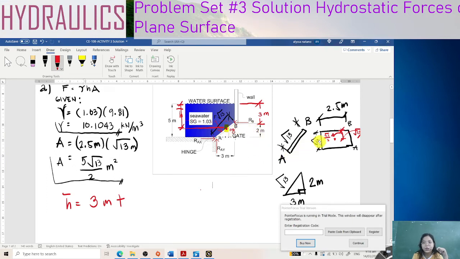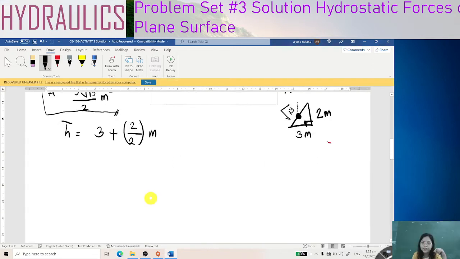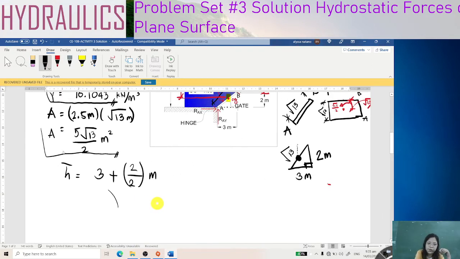Kasi 'di ba ang centroid naman talaga ng rectangle is matatagpuan sa gitna ng kanyang height. So, in this case, kasi nga vertical projection lang tayo, so mag-focus ka sa 2 meter. So, yun yung maganda sa H-bar. Vertical projection lang siya. So, 3 plus 2 over 2, that is 3 plus 1, so 4 meter ang ating H bar.